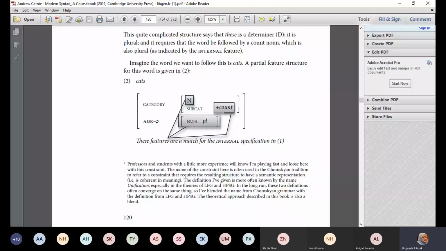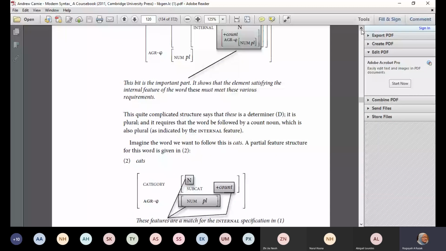So these features apparently are a perfect match for the internal specification in 1. So this feature that we have for cats, if you look up, it matches with what internal specification for determiner. Okay, so it seems like a good fit, good fit.